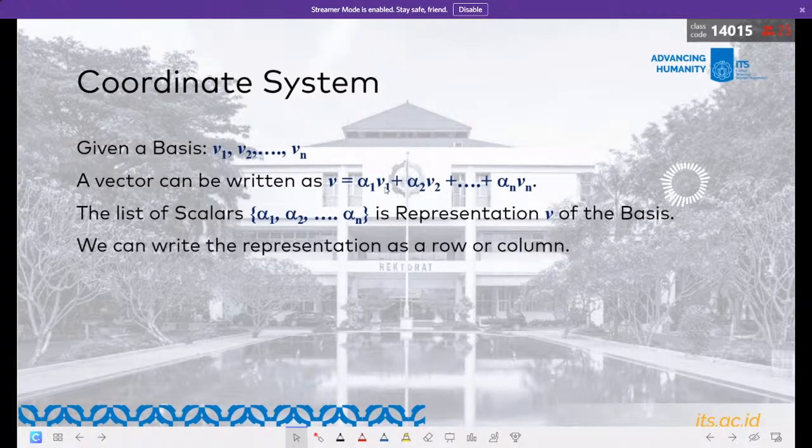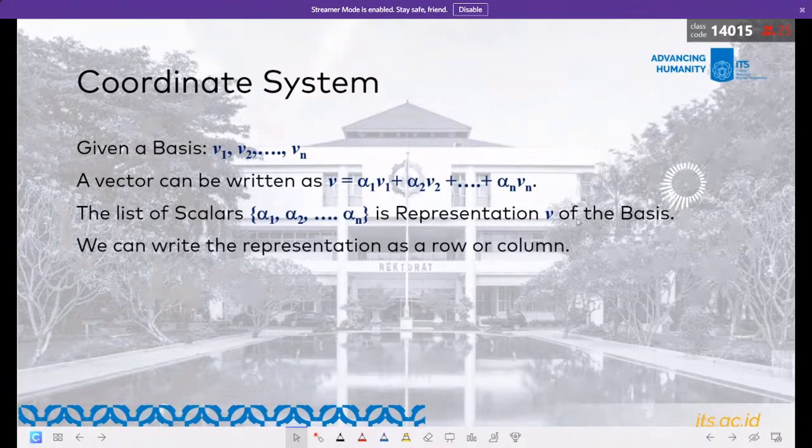particular vector, usually we do not necessarily write down the v in our program. We just simply type down the scalars. This alpha 1, alpha 2, alpha 3 will be written as the values of our list variable that we have, and that's the representation.